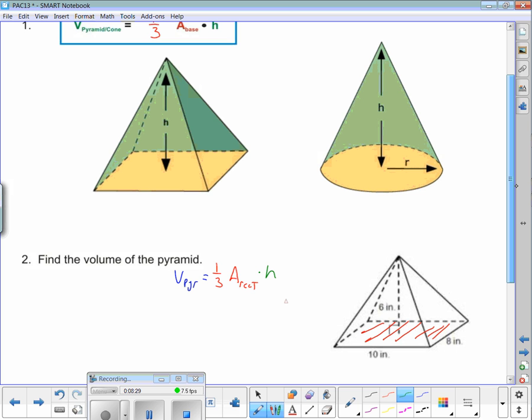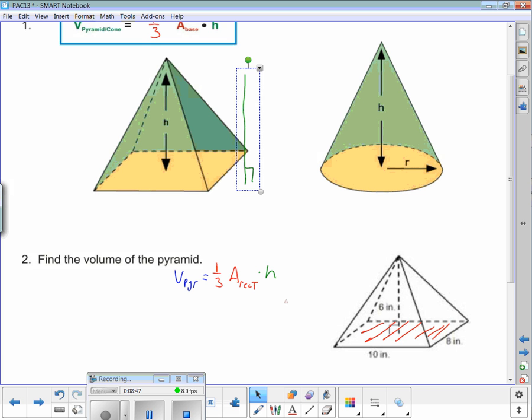Oh, and by the way, let me go back and make sure you guys are clear on what the height is for a pyramid or for a cone. Sometimes they'll show you the value right inside, like they did here. It's always the perpendicular distance, by the way. But look, that could be anywhere, right?